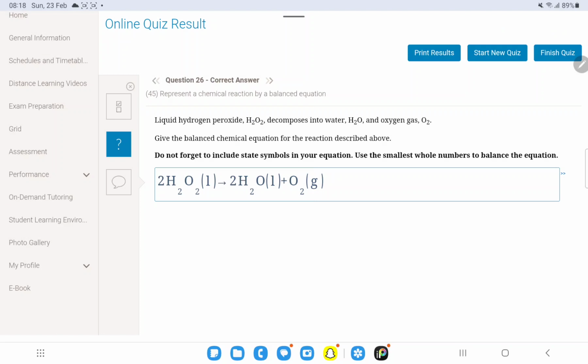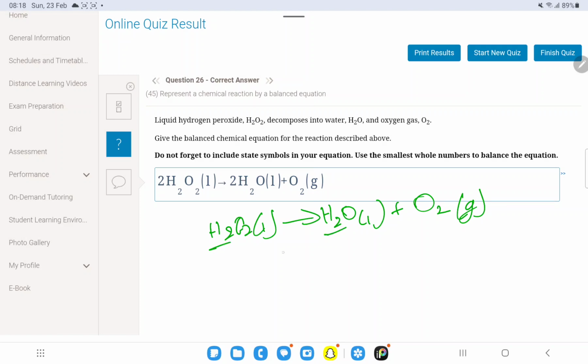Now they want us to balance H2O2 liquid produces H2O liquid and O2 gas. They want us to balance. H is balanced 2 and 2. But O isn't, it's O 2, so 2, and 1 and 2, so 3.